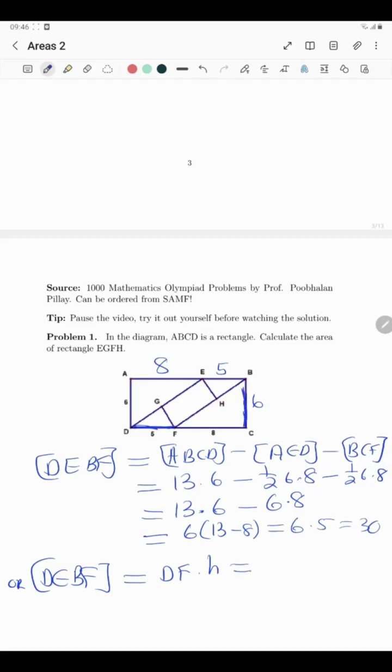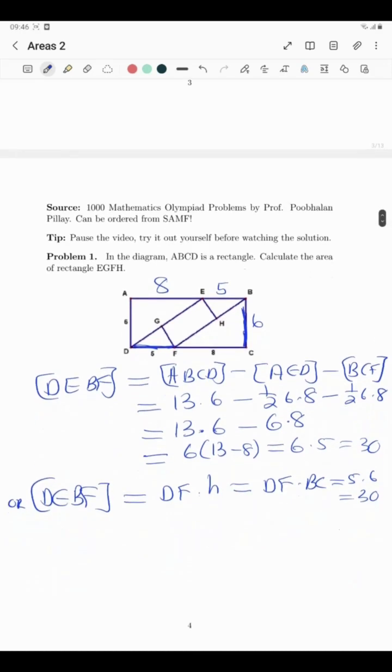So an alternative way would be it's DF times BC using theorem 1. So that's 5 times 6, which is also equal to 30. Excellent. So there are more than one way you could have established that the area of parallelogram DEBF is 30.